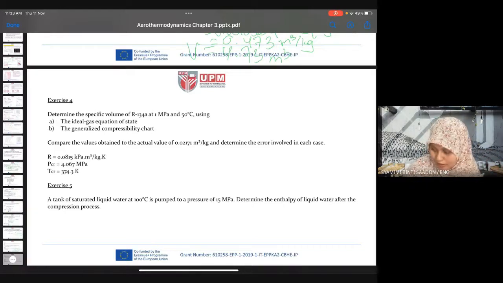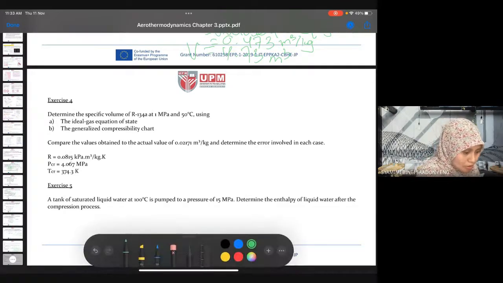Critical point properties. Ideal gas equation of state. So we have to calculate actually the specific volume.